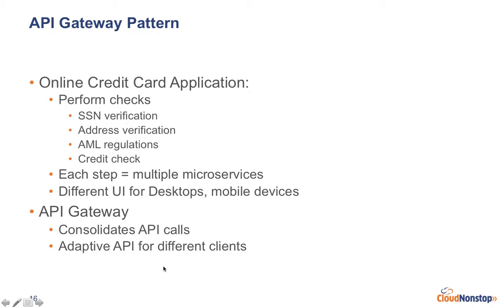So it makes it easier that way. And additionally, API gateways can also provide an adaptive API, so that if you're building applications that run on desktops and on mobile devices, the rendering of the screens is going to be different across those two interfaces. So API gateways can adapt based upon the interface.